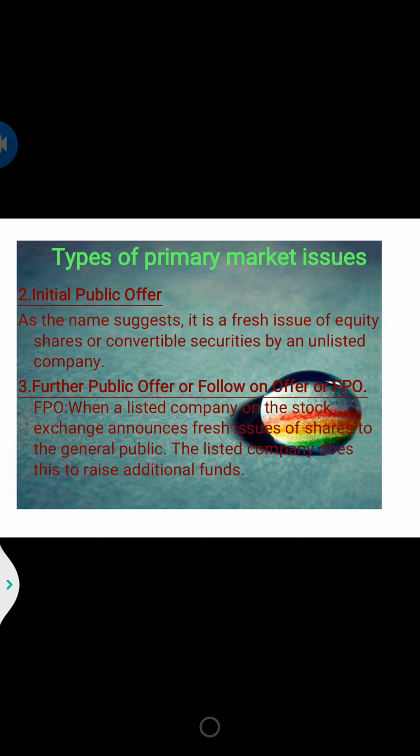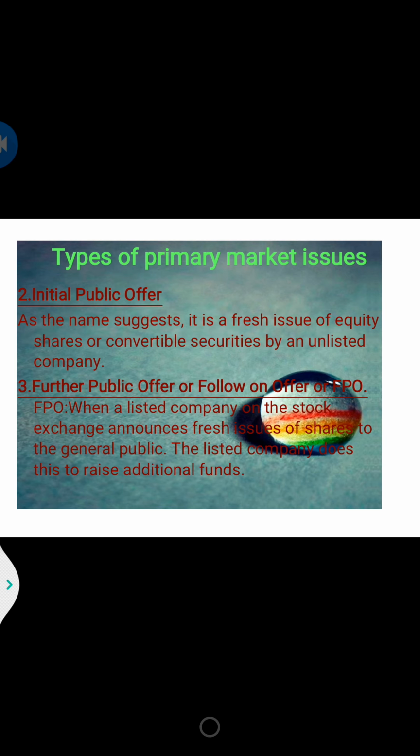Here also you are going to offer shares to the public. As the name suggests, it is a fresh issue of equity shares or convertible securities by unlisted companies. So who is going to issue it? Unlisted companies.